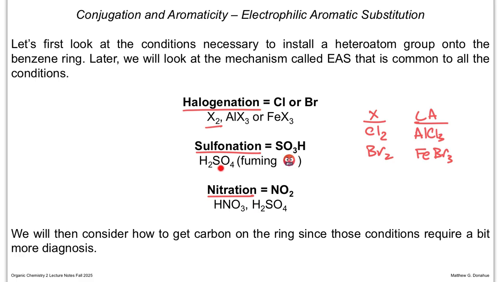Typically sulfuric acid has the highest weight content of all these mineral acids, so it's typically 98% sulfuric acid, 2% water. Even though it's strong, it's not strong enough to do the reaction, so fuming just means that they've bubbled SO3 into it. So it has sulfur trioxide gas bubbled into it.